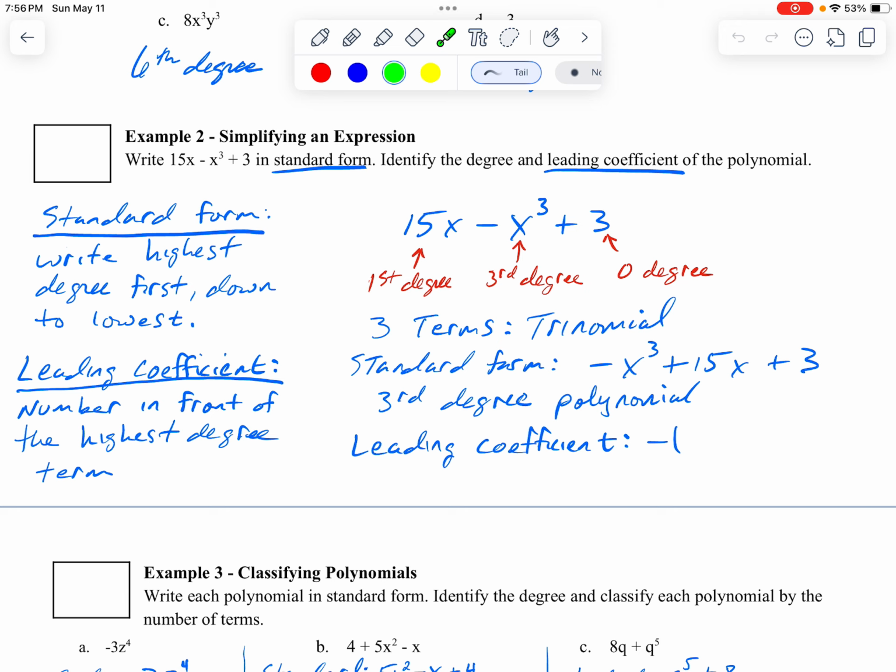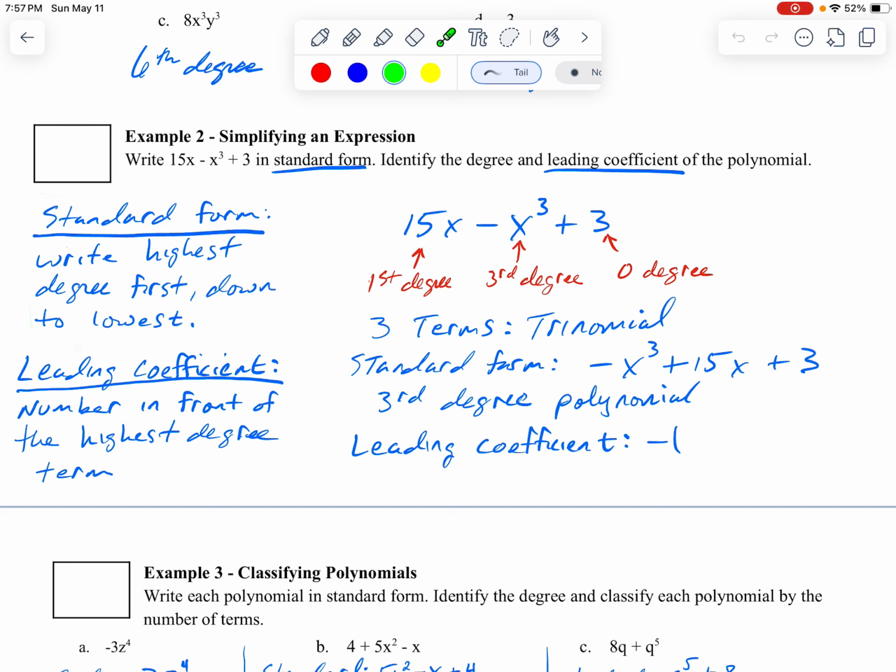All right, example 2, we are writing in standard form. We're going to identify the degree and the leading coefficient. Again, more vocabulary. So standard form means I'm going to write it in order with the highest degree first down to the lowest. So, for example, this first term is a first degree.